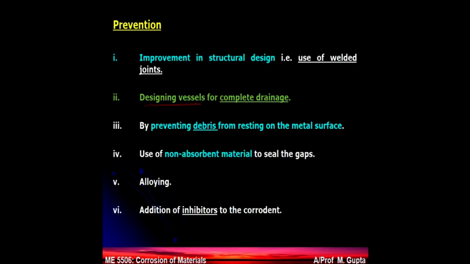By preventing debris from resting on the metal surface, because when debris forms on the metal surface, under the debris is the anodic area deprived of oxygen, so it will lead to crevice corrosion. Use non-absorbent gaskets. If you have seen plumbers working in your house, fixing, screwing or bolting something, they always use a white tape.